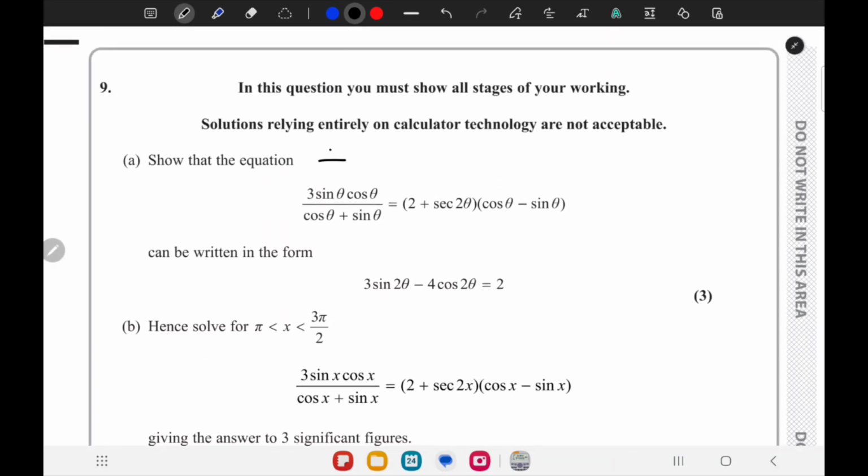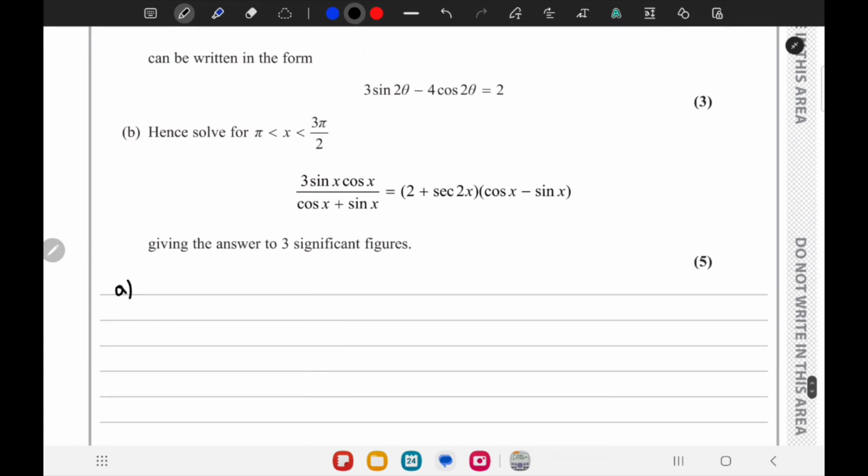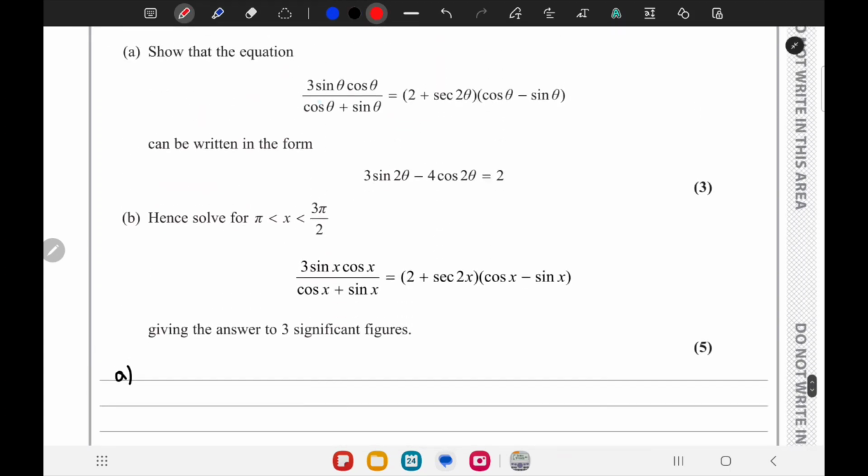So 3 by 2 sine 2 theta. And we can also send this to the right. Then we'll have this cos theta plus sine theta. So this whole thing over here, cos theta minus sine theta multiplied by cos theta plus sine theta, will get cos square theta minus sine square theta, which is cos 2 theta.